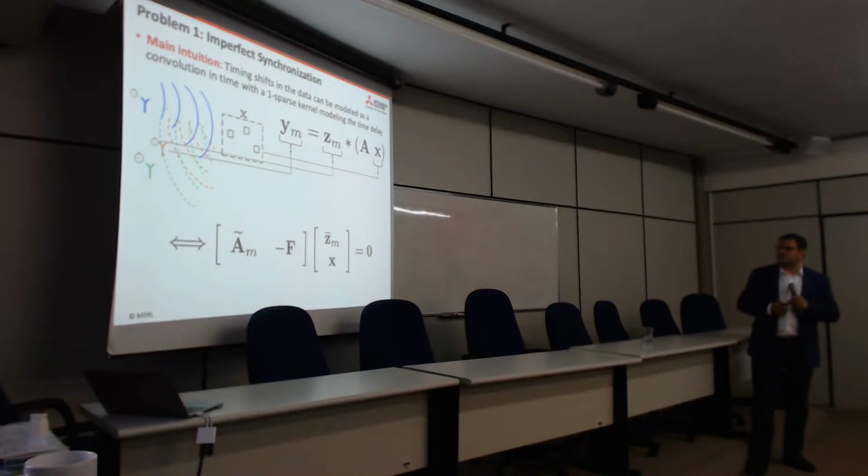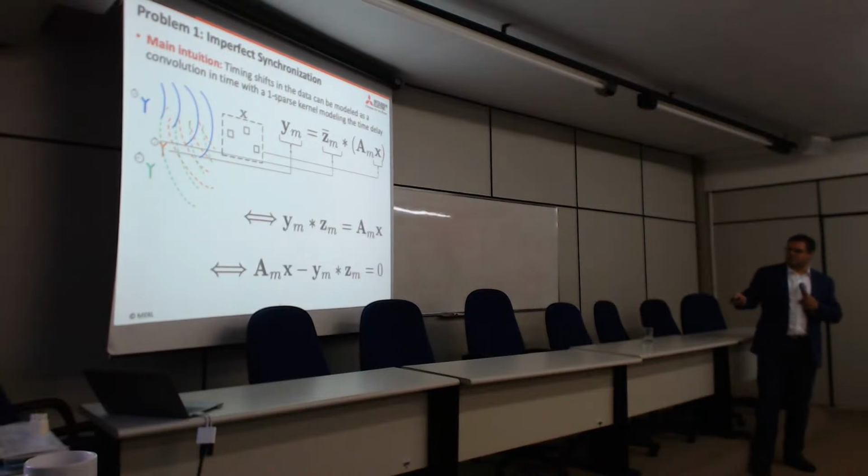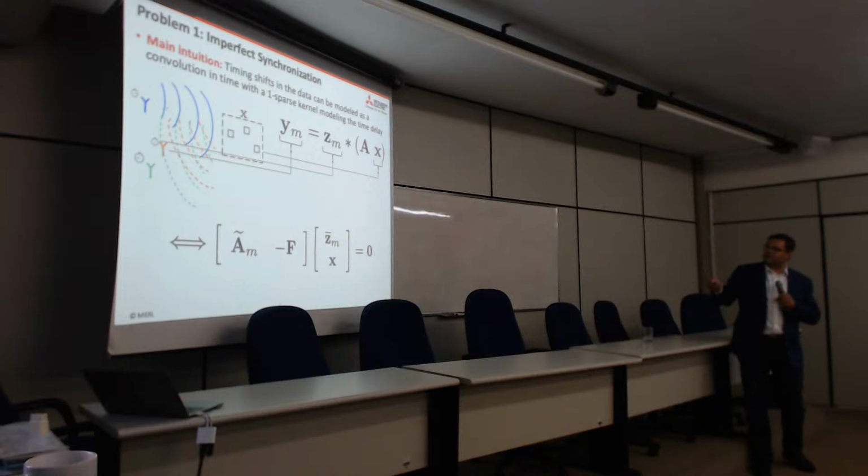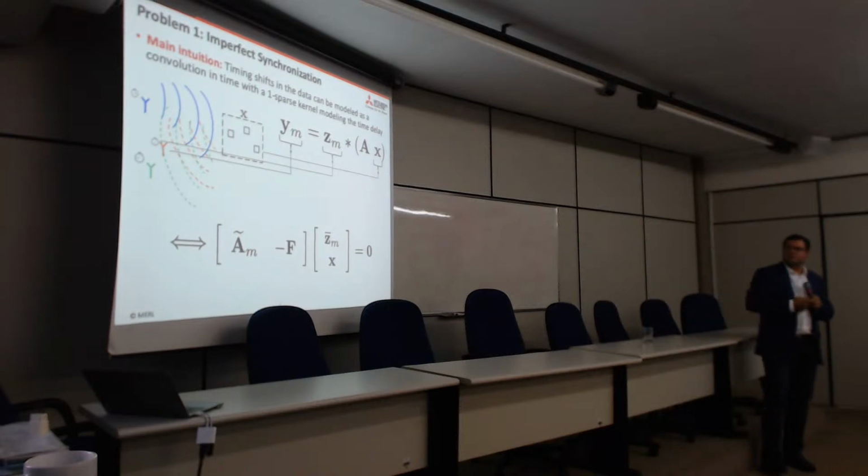Or you can write it in this form, with a matrix. You take that in the Fourier transform so that this becomes a multiplication, and you can multiply y on the other side, but at the end of the day, you can get a system like that. I can tell you the details. A tilde incorporates y as well, and expresses data in the frequency domain.